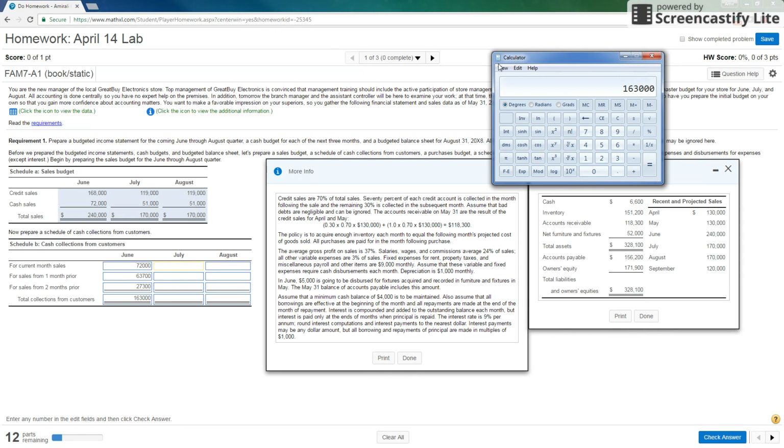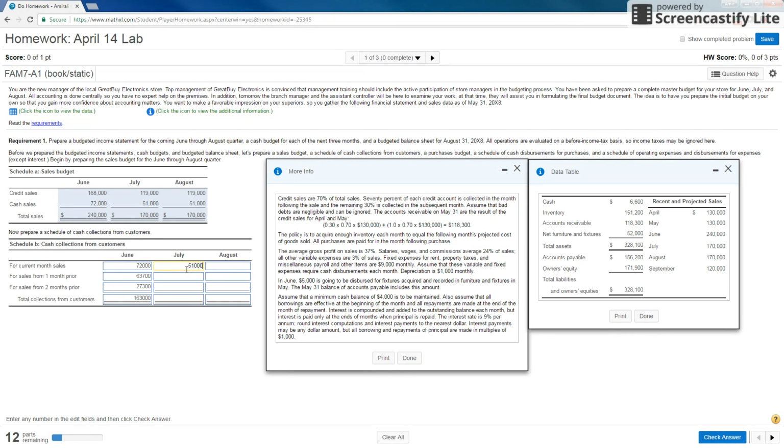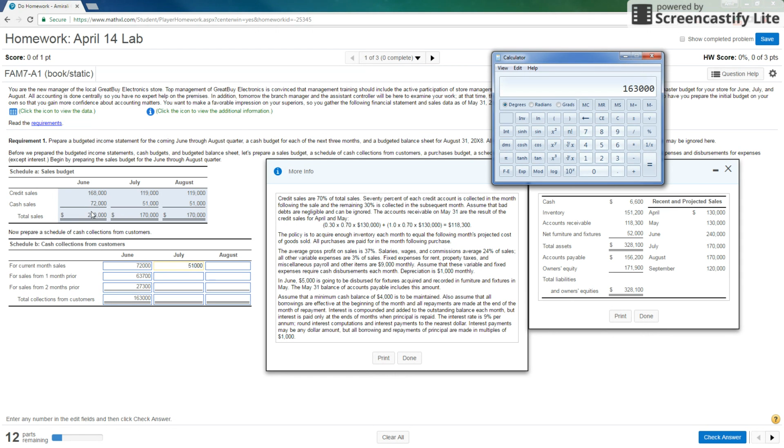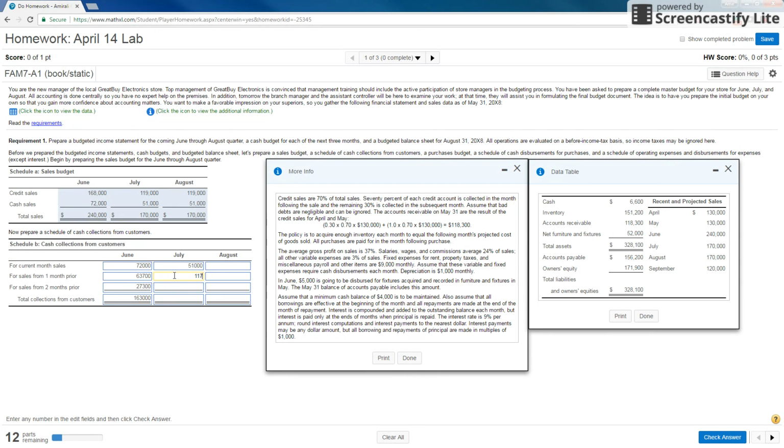Now the same idea goes for the July. So for the July, from current month, we only collect the cash sales, which is 51,000. From the previous month's credit sales, which we have here, 168,000 multiplied by 70%, we are collecting 117,600.